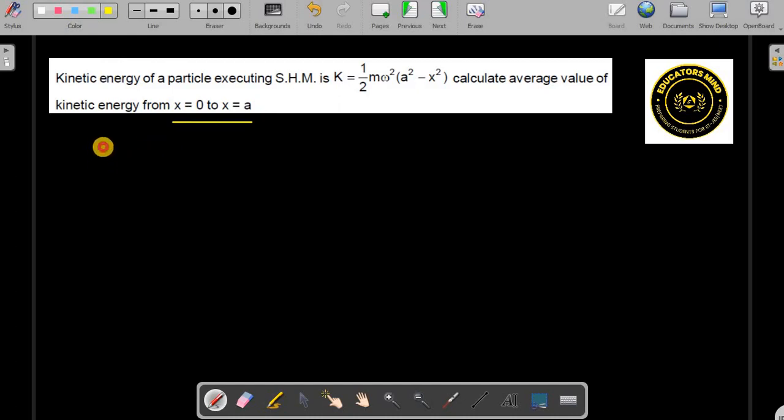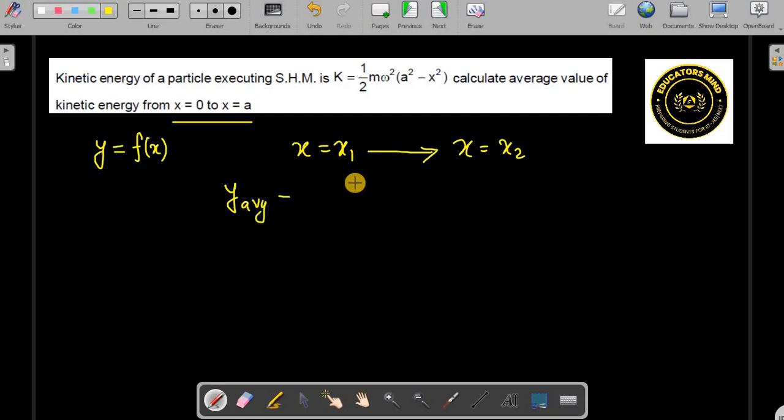How is the average value calculated? Suppose y is equal to f of x, y is a function of x. If between x1 and x2 you have to calculate the average value, the definition is the integration of y dx divided by the integration of dx. Let's say the limit is x1 to x2, and here also the limit is from x1 to x2, right?